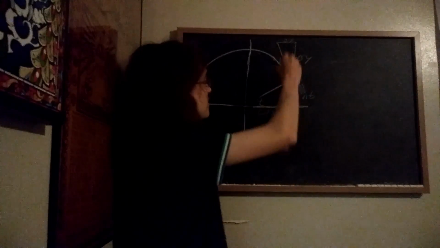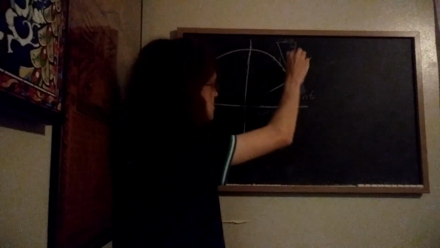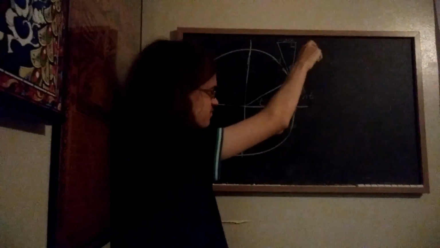So the angle that the radius and the tangent line make is actually a right angle. And so we can find out what the angles within this triangle are. Well, we know this one is a right angle because the change in y and the change in x are going to be perpendicular.